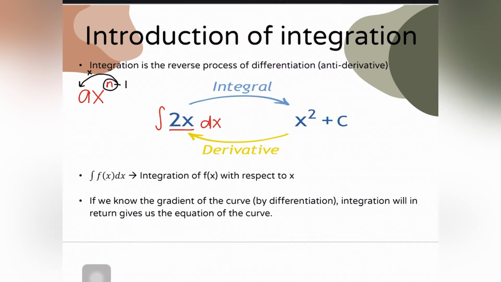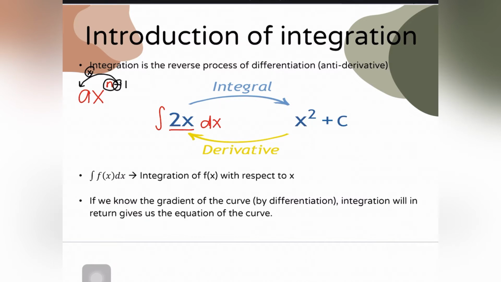So it involves two operations, which are multiply and minus. For the process of integration, it also involves two operations, but they are the opposite of the differentiation process. In integration, you also have two steps which involve division and plus. The opposite of multiply is divide, and the opposite of minus is plus.